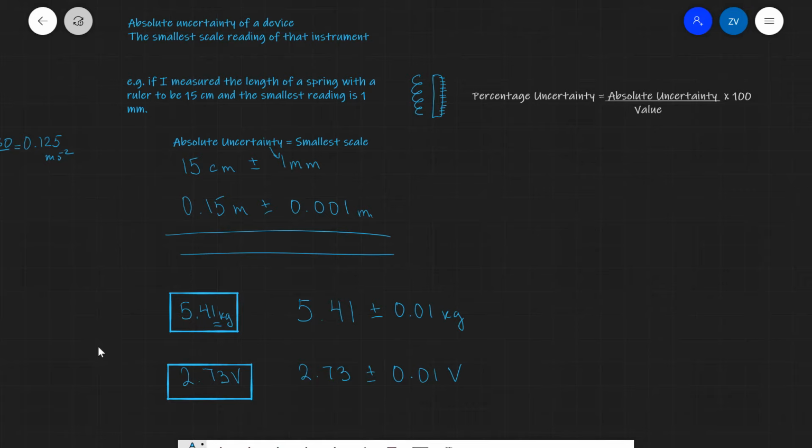Well, to put absolute uncertainty into perspective, let's talk about percentage uncertainty. Now, percentage uncertainty is defined as the absolute uncertainty divided by a value multiplied by 100. Let's calculate the percentage uncertainties for those three examples.